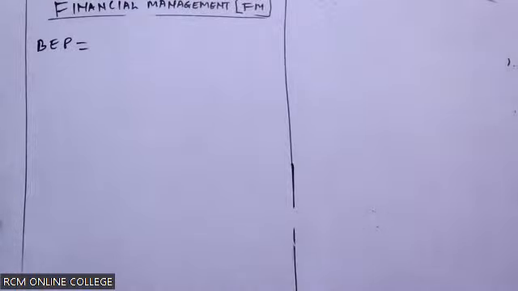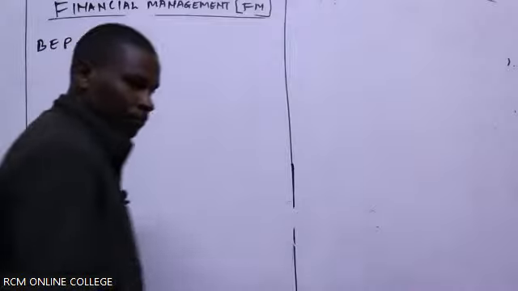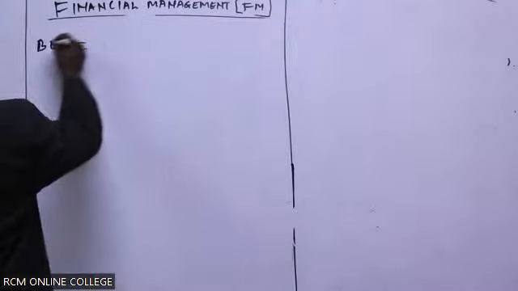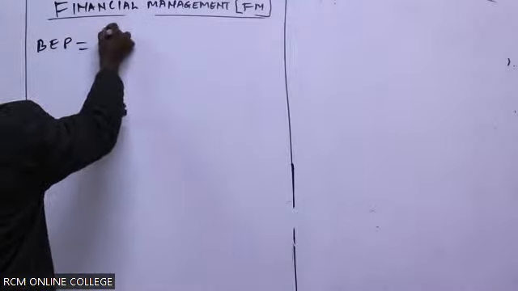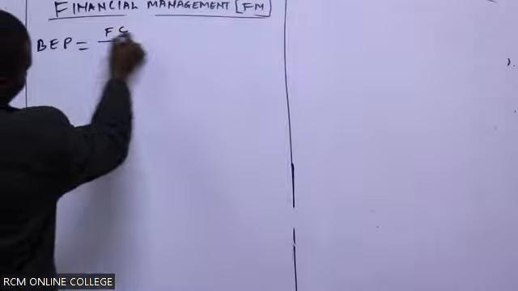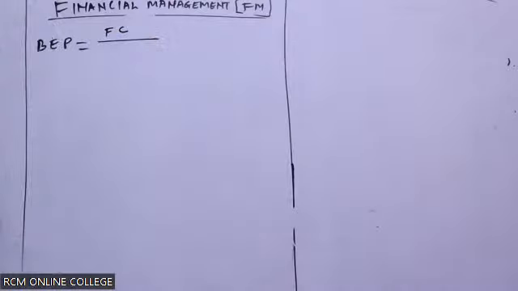Who can guess our formula for break-even now? You say it is given by fixed cost divided by whatever the examiner has given us here.